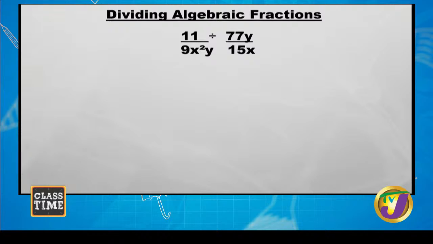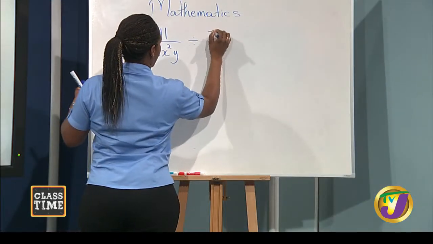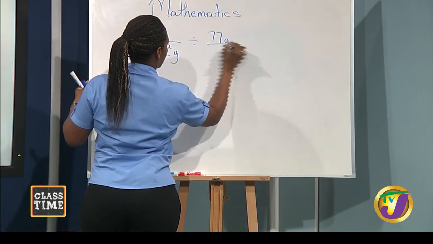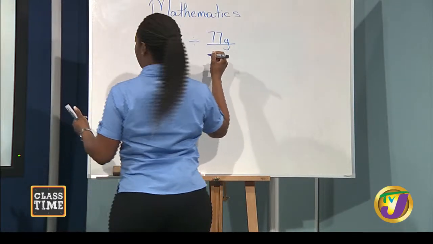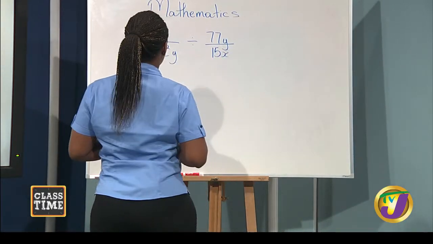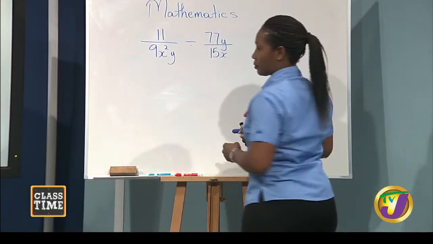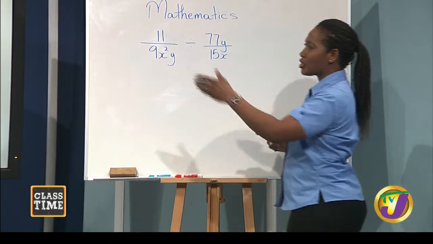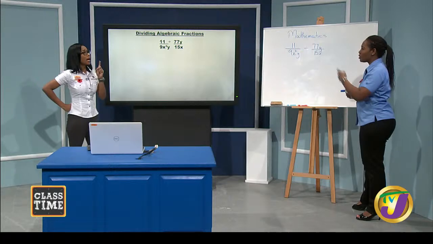So let's go. And again, because Tamika loves the board, she loves to write. Oh, yes. Tamika is going to do this one for us. So we have 11 divided by 9x squared y, divided by 77y divided by 15x. All right. What do we know about fractions when we're dividing by fractions? What do we tend to do?